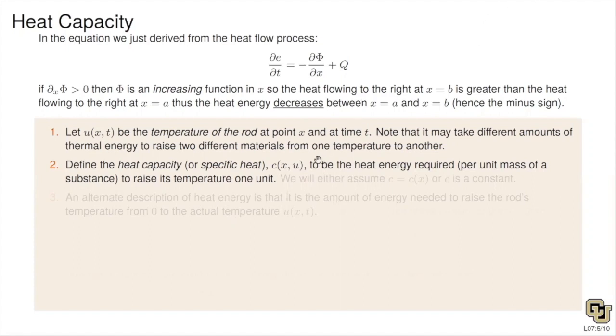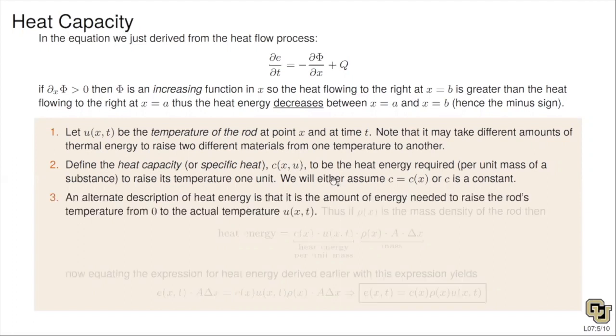So we define the heat capacity, or specific heat, using the letter C, to be the heat energy required per unit mass of a substance to raise its temperature 1 unit. We will either assume the heat capacity is a function of x, the physical location on the rod, or just a constant. Initially we'll assume it's constant to make life easy.